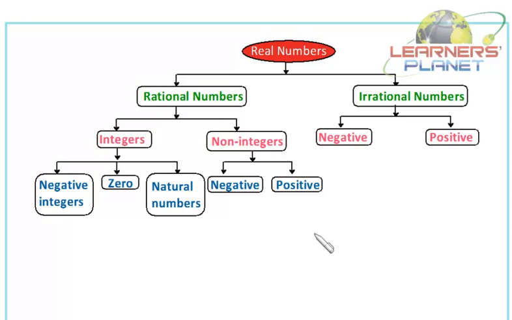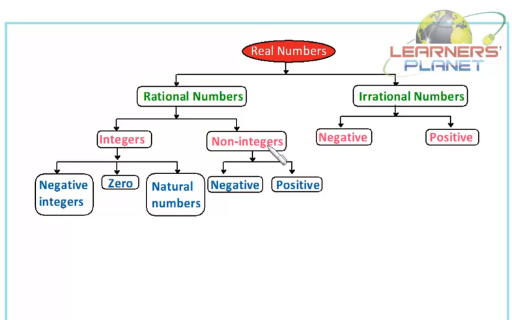Friends, let's see a chart over here. Let's understand this chart for better clarity of all the concepts of numbers. The master set is real numbers. There are two breakups of this set, that is rational numbers and irrational numbers. Rational numbers are further divided into integers and non-integers, and integers are divided into negative integers, zero and natural numbers.